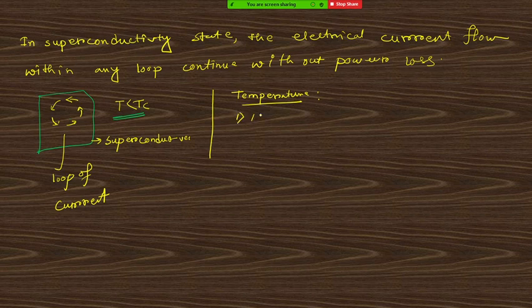In case of ice, the temperature is 273.15 Kelvin. Okay. In case of dry ice, the temperature will be 194.65 Kelvin.